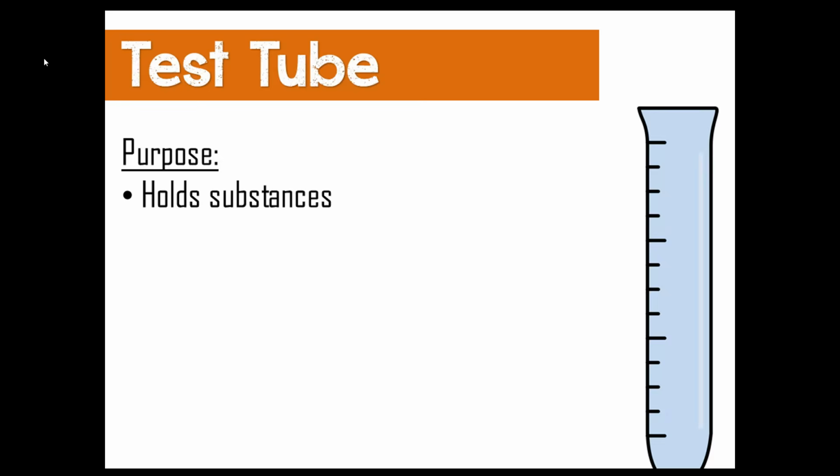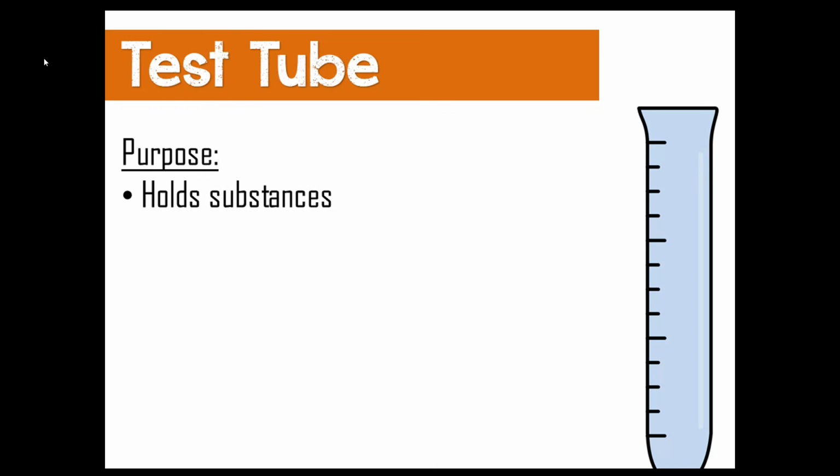Now, a test tube is a little bit different than a beaker. Most of our test tubes are glass. They are also going to have measurement hash marks on them, just like the beaker, but we don't measure in a test tube. We'll measure in a graduated cylinder and then transfer whatever we measure into the test tube.